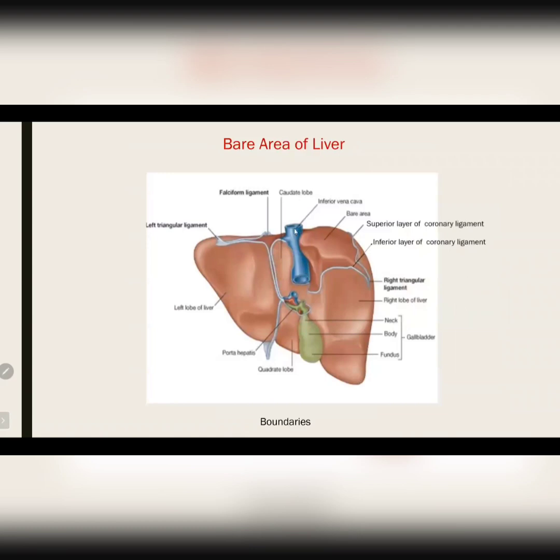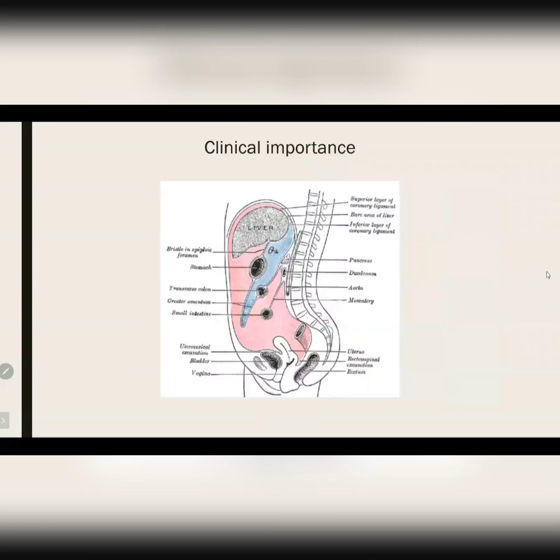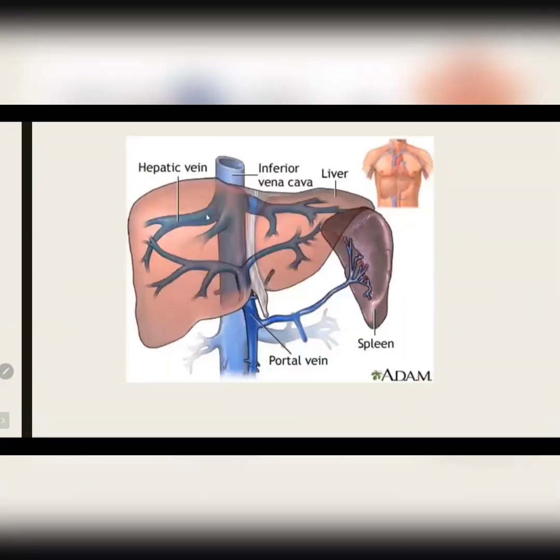So the inferior vena cava is connected to other veins within the substance of the liver, which are the hepatic veins. So how is this organ being suspended in that position in the right hypochondrium, epigastrium, and left hypochondrium?